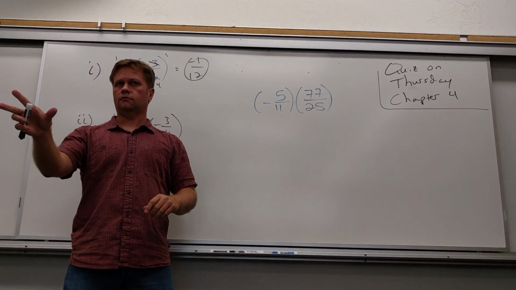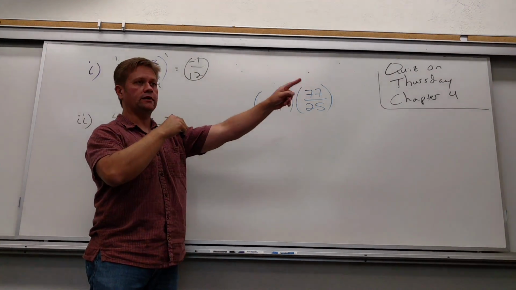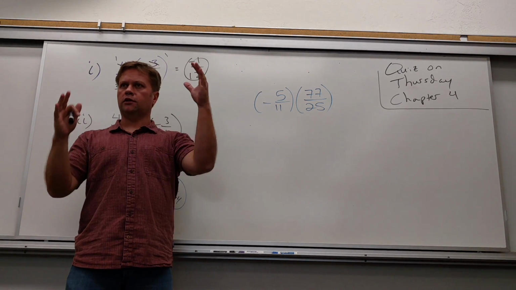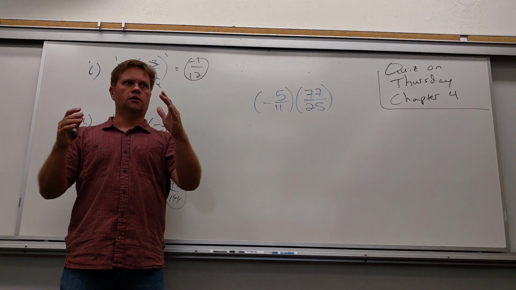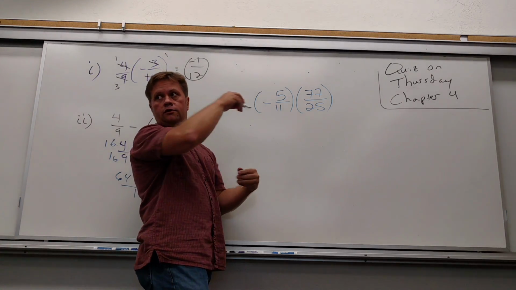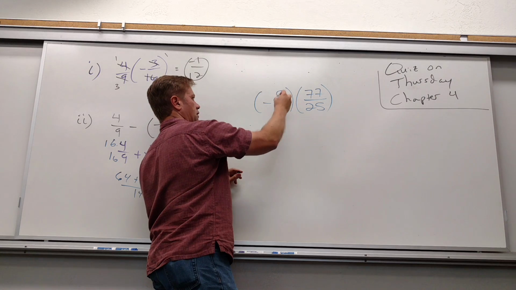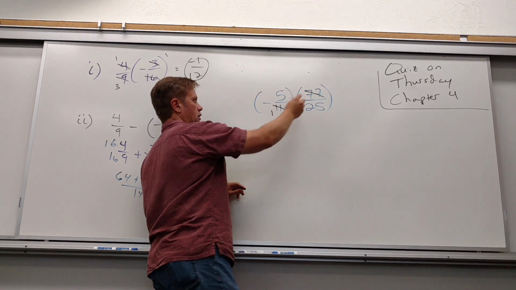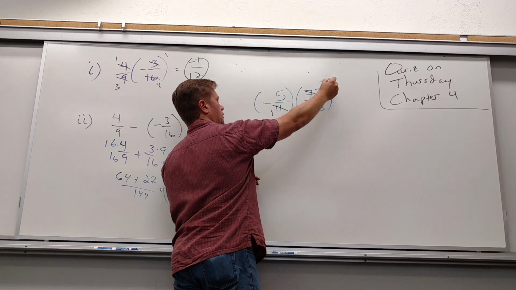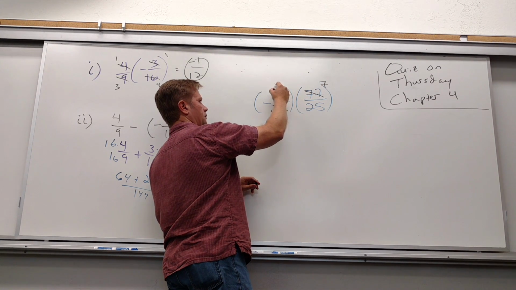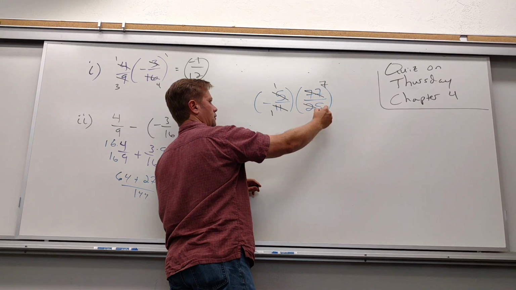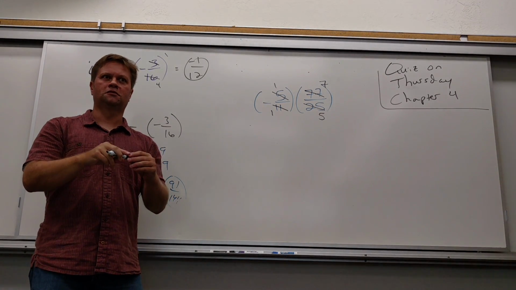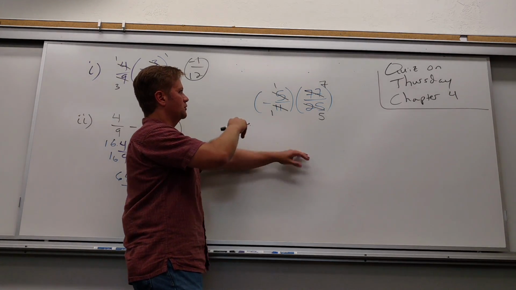Oh yeah, but see, I could do 5 times 77, and then 11 times 25, and get these really big numbers. But since 11's on the bottom and 77's on the top, I can divide both by 11, so that'll be a 1 and that'll be a 7. 5 and 25 divide by 5.